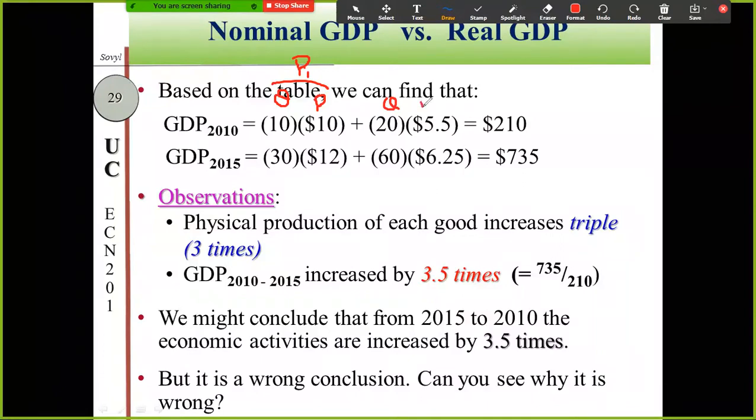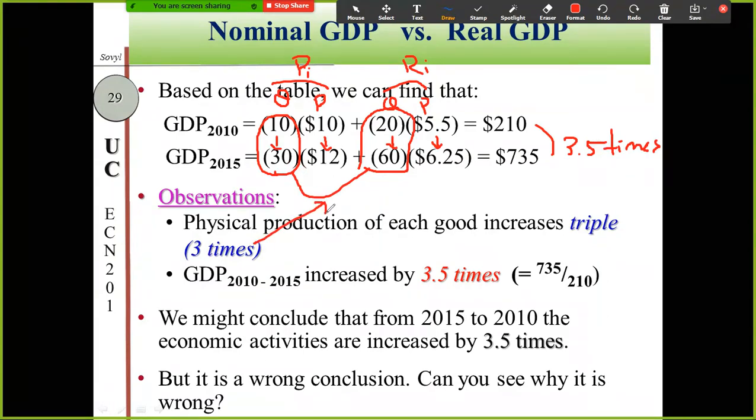This is the quantity, this is the price of rice. You can see quantities increasing, price also increasing. That's why when we're talking about GDP, it increased 3.5 times, but when we're talking about the activity of producing, it increased only 3 times.